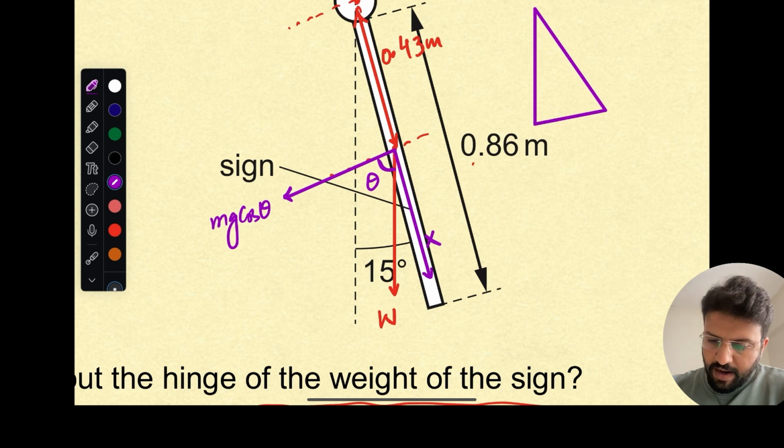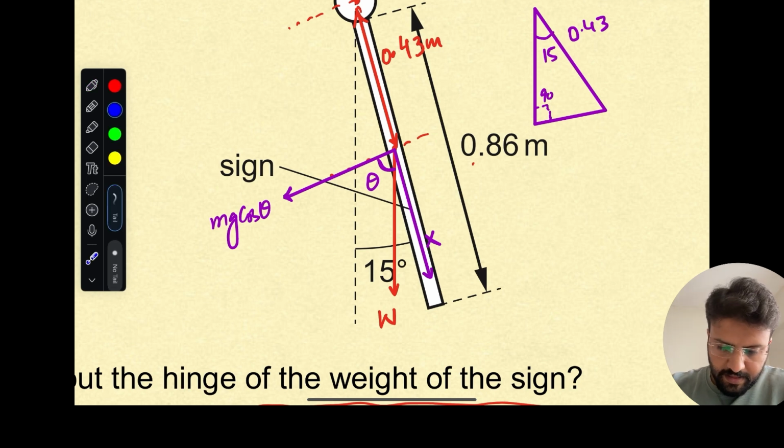This side is 0.43, this angle is 15, and this angle is 90 degrees. This angle theta relates with this angle, not this one, so you have to find this angle of the triangle.